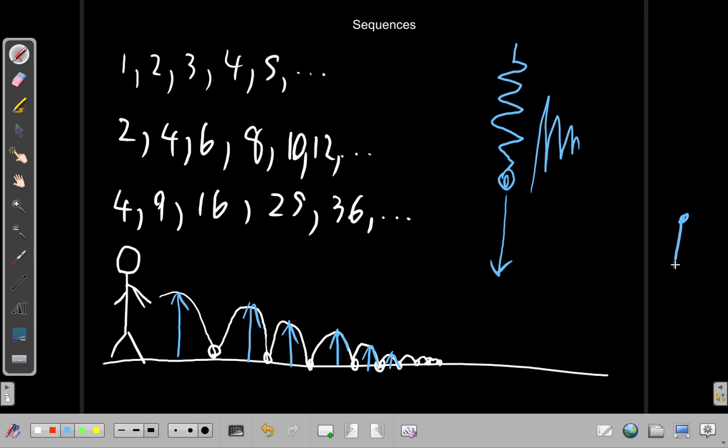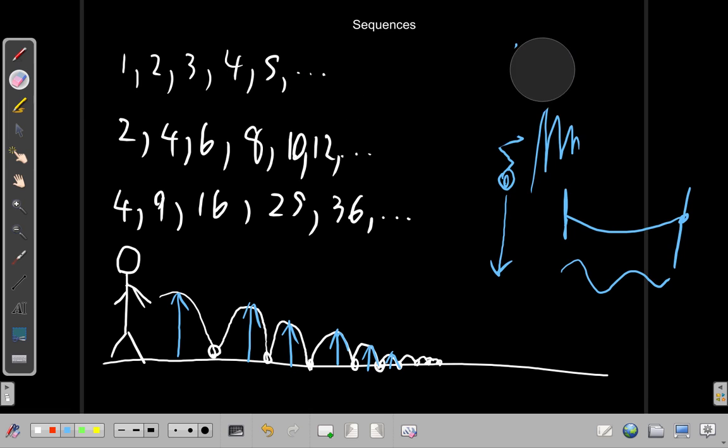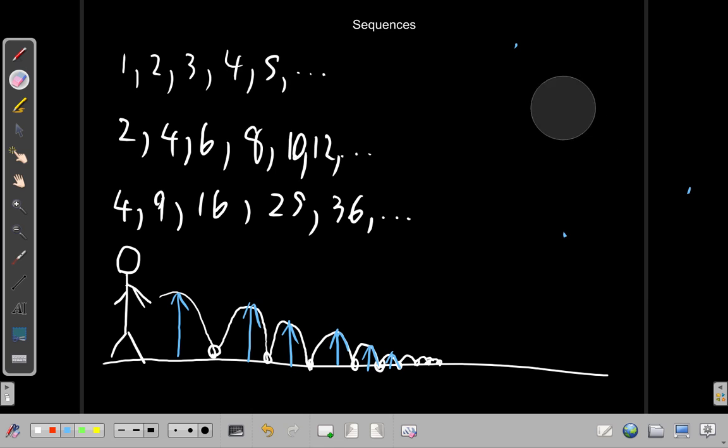You tie the rope here on a tree, and then you swing your hand up and down. You see the rope looking like this. It forms a sequence. In any other wave, water wave, electromagnetic waves, right, sound waves, whatever type of wave, it's a sequence.